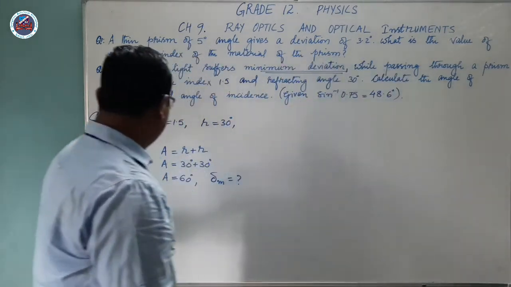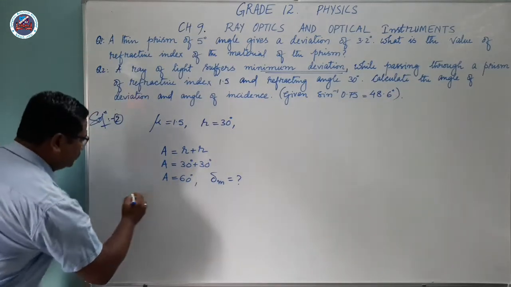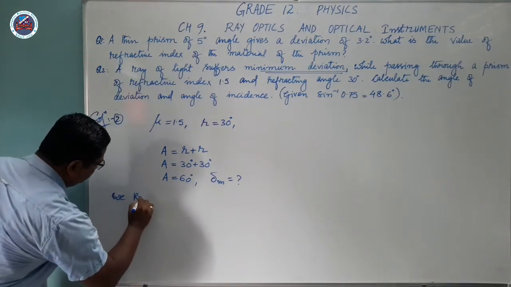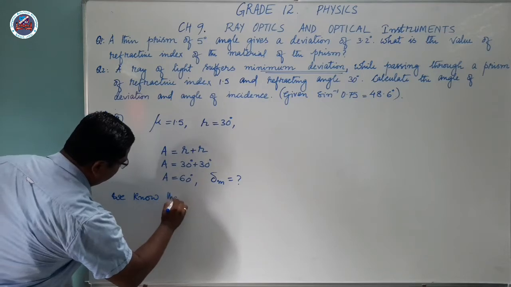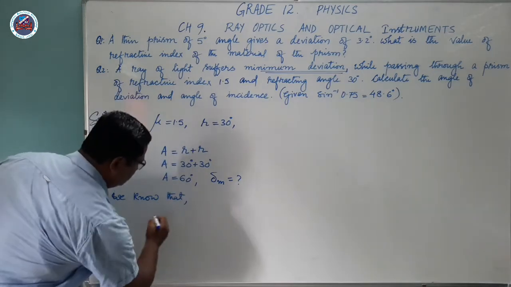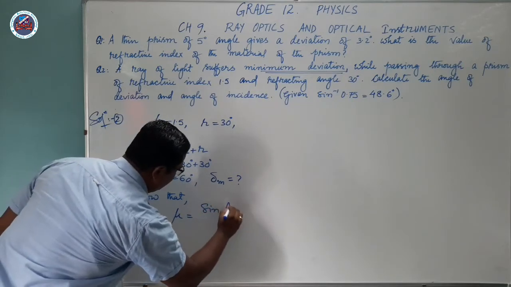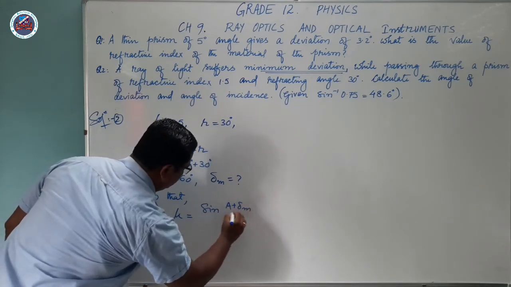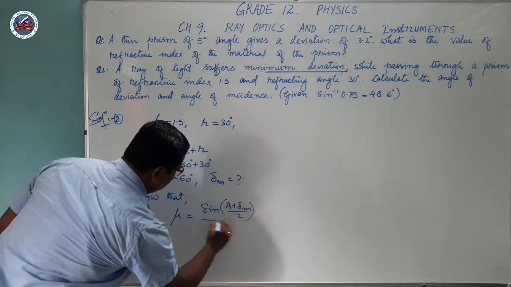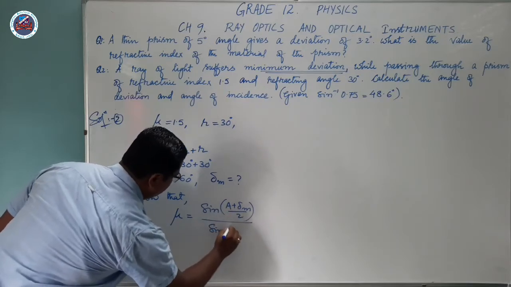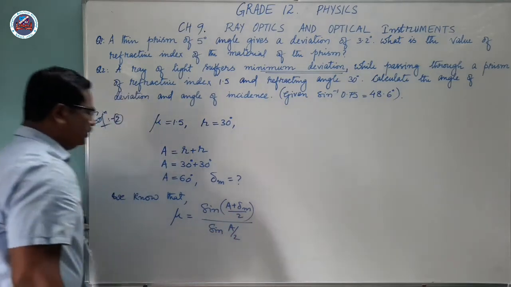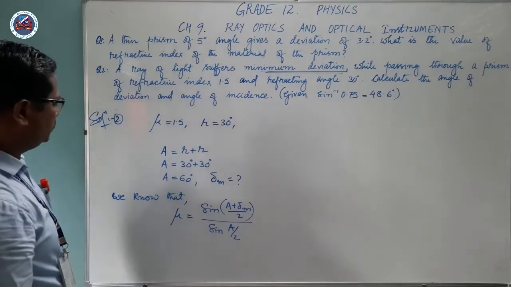Now let us write down the formula. We know that refractive index is equal to sin (A plus del m) divided by 2, divided by sin A by 2. After writing the formula, we put the values.